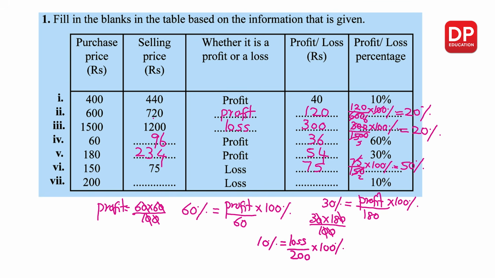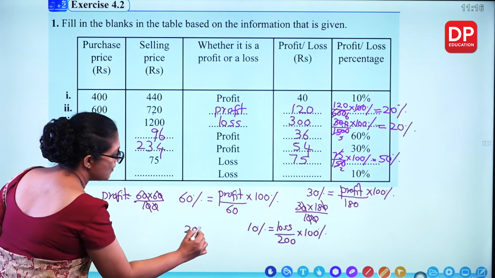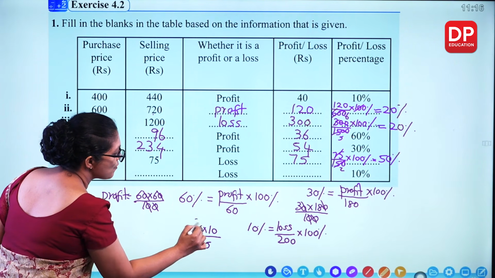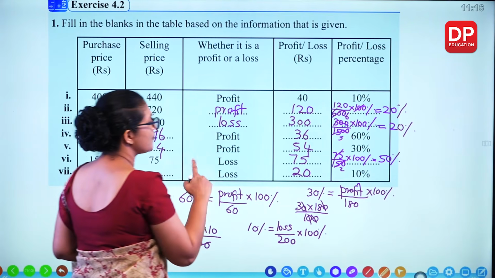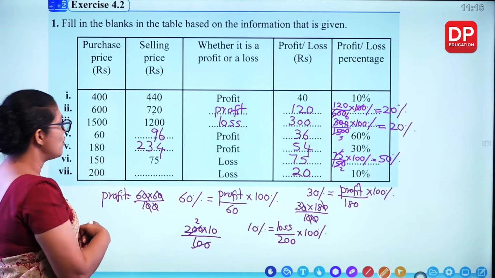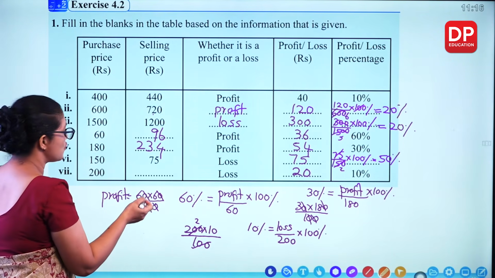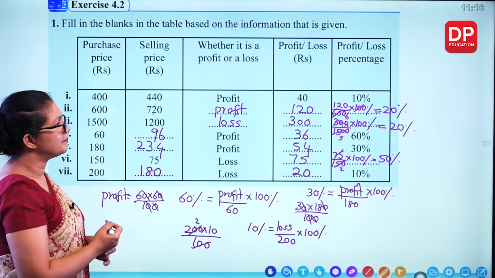Now using the cross multiplication, you can multiply by 200. So 200 into 10 divided by 100. So you get 20 rupees. If this is 20, you have to subtract because this is a loss. 200 minus 20, 180 rupees.